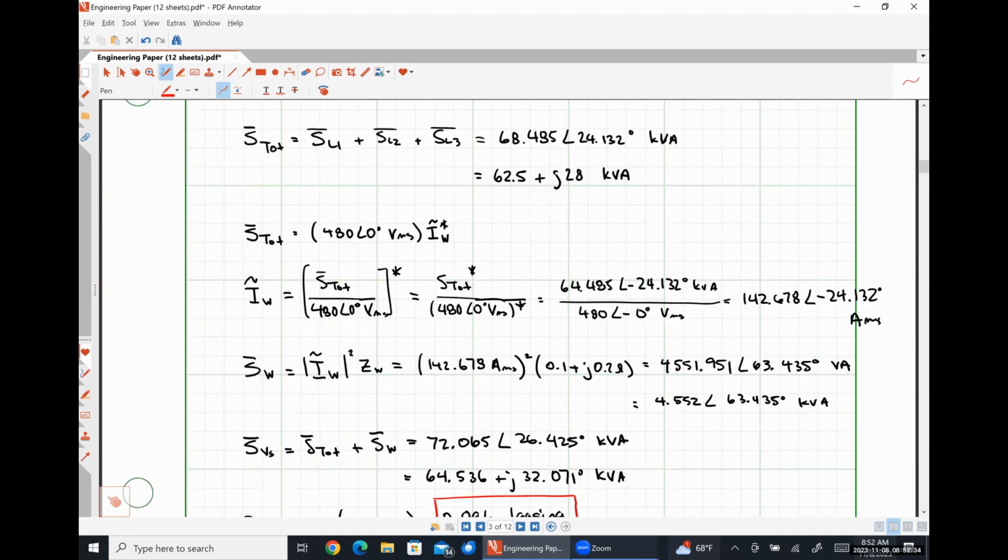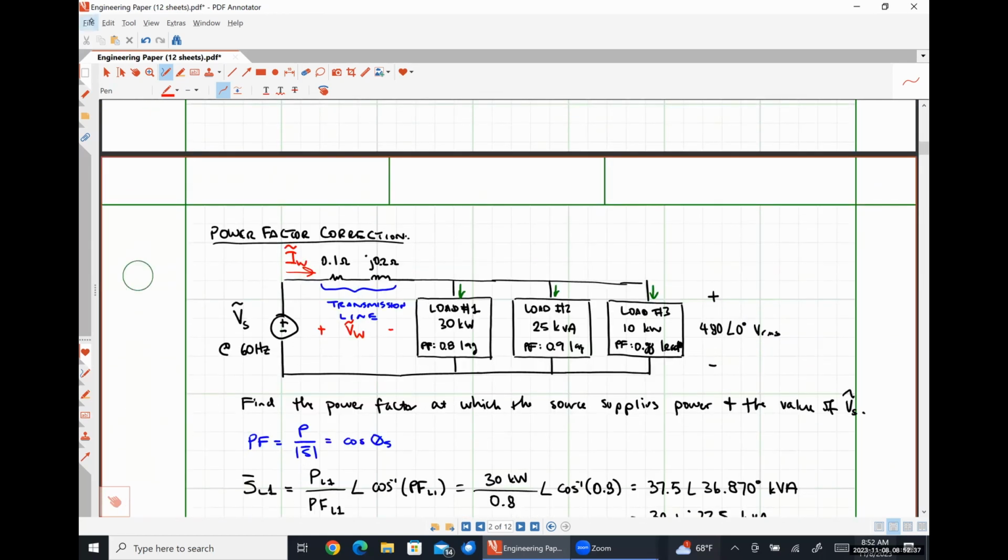So I'm going to be lazy and just steal this diagram.